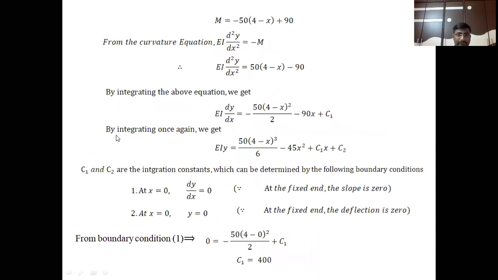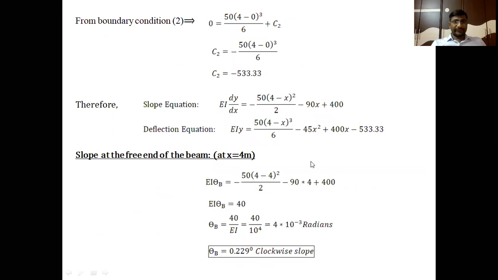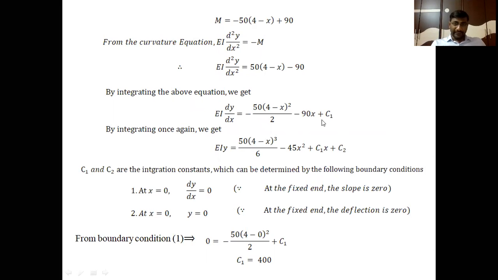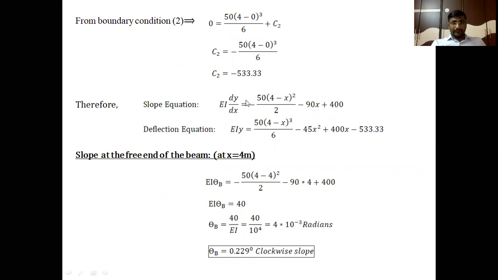Upon substitution of these C1, C2 values in our slope and deflection equations, we will get the final slope and deflection equations. In place of C1, we substitute 400, and in place of C2, minus 533.33. So the final slope equation is EI dy by dx equal to minus 50 into (4 minus x) whole square by 2, minus 90x, plus 400 in place of C1.